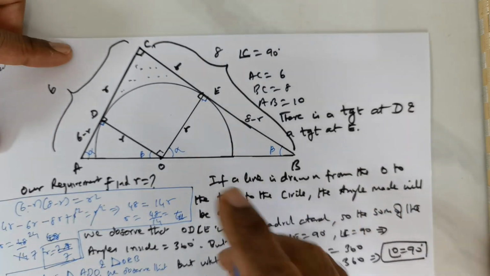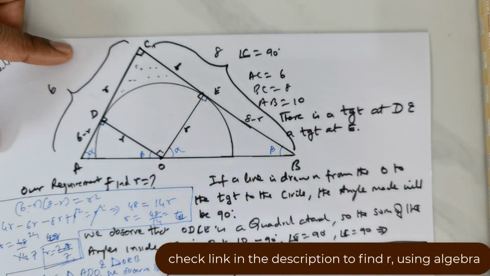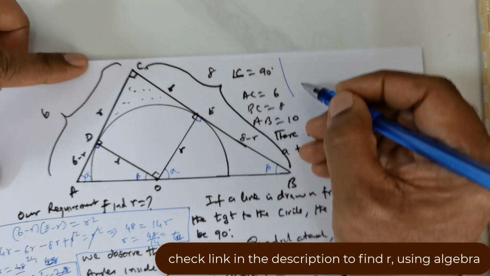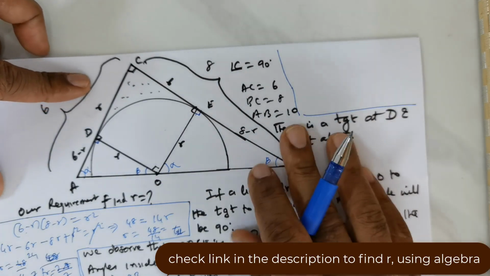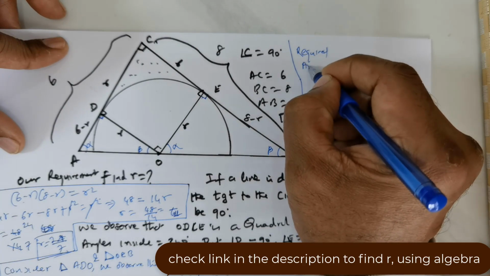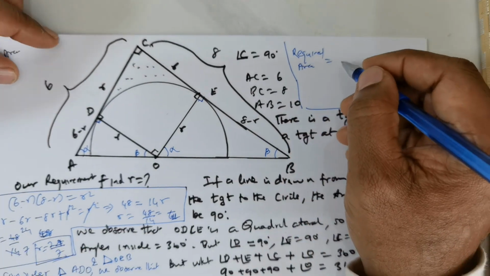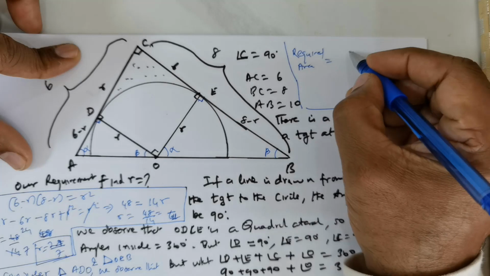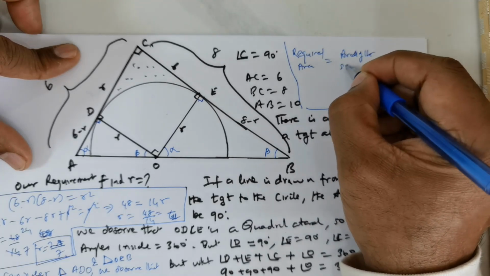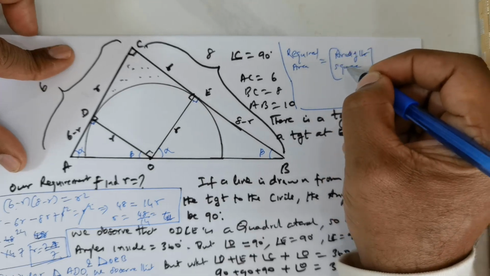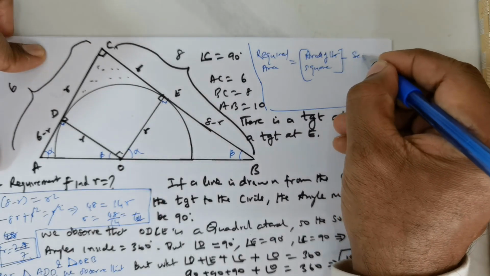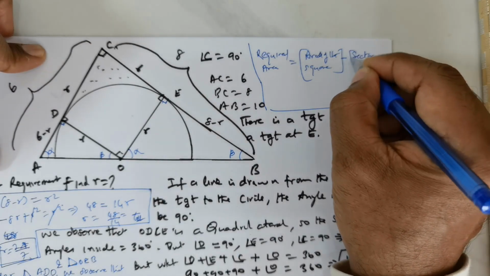But we need to get the area of the shaded region. So the area of the shaded region, let me complete the question here. Required area is equal to area of the square minus the sector area.